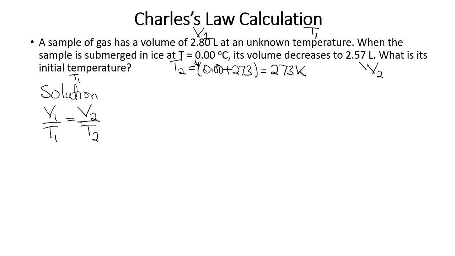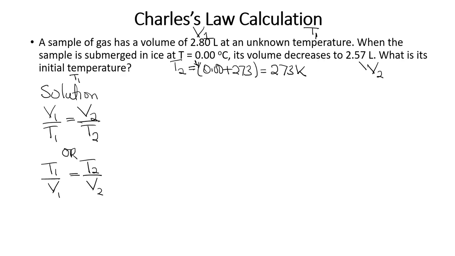But this can be inverted. So what we can say is we can have T1 over V1 is equal to T2 over V2. So both of them are correct. So we want T1.